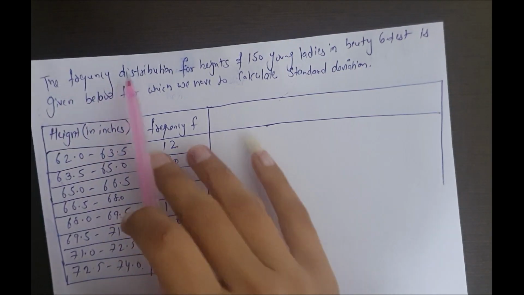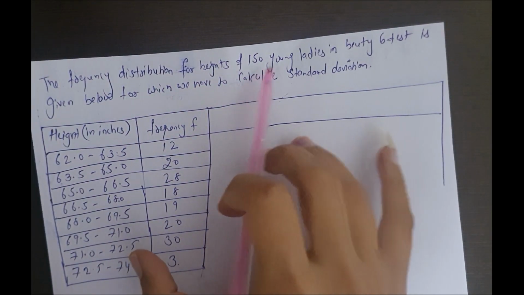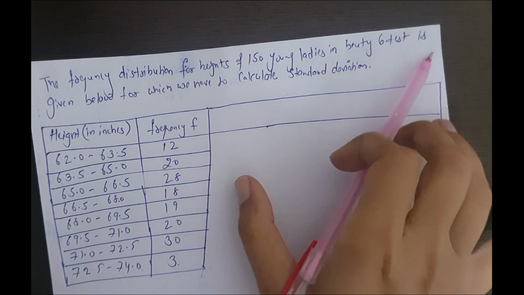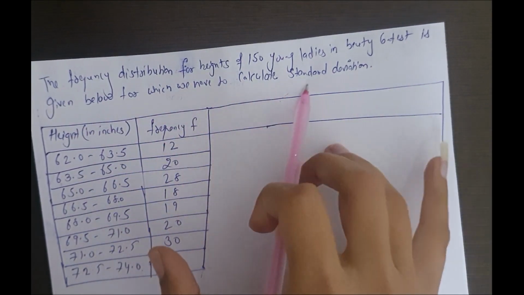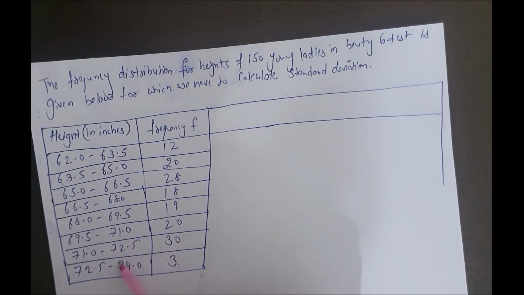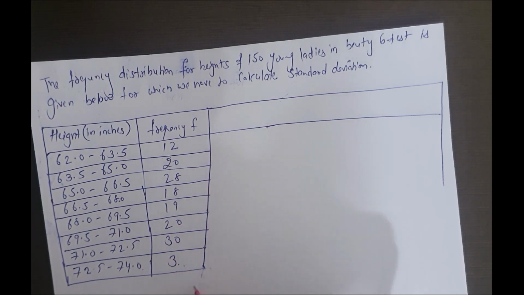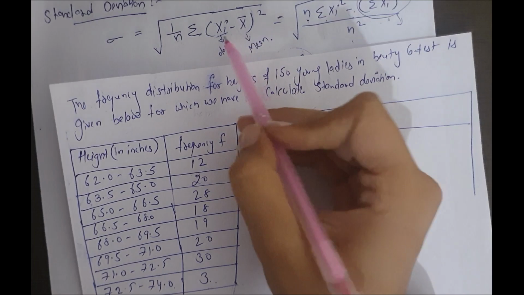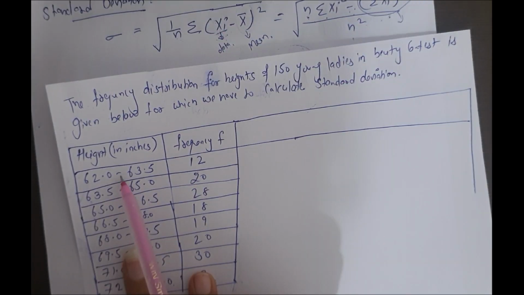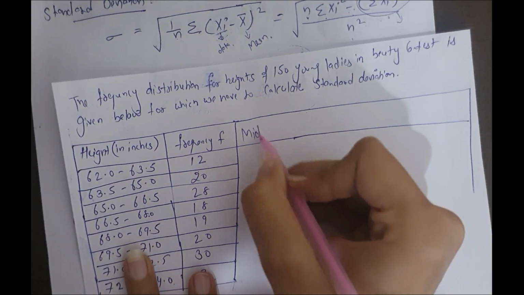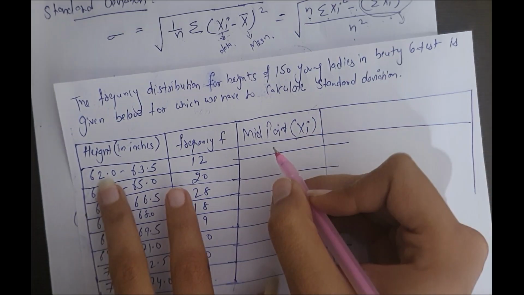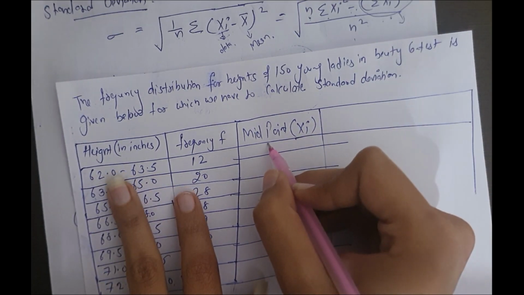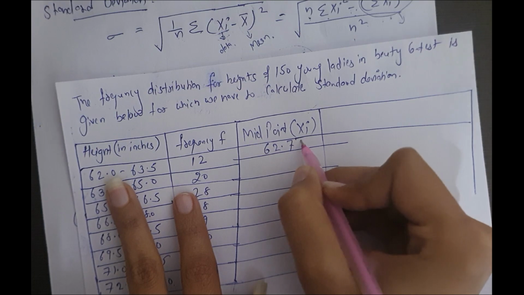Now the next question: the frequency distribution for heights of 150 young ladies in a beauty contest is given below, for which we have to calculate standard deviation. This is height in inches, this is frequency, as given in the question. To find standard deviation, what do we have to find? Firstly we have to find xi. For that we have to find its midpoint. Xi is the midpoint of this data, that is 62.75.